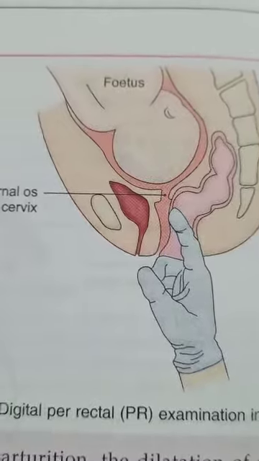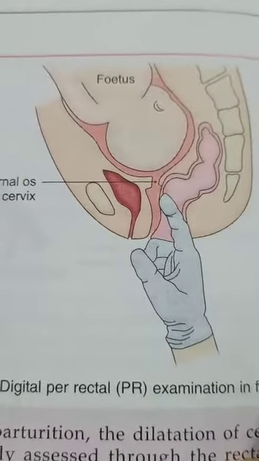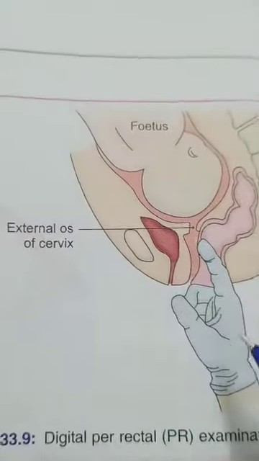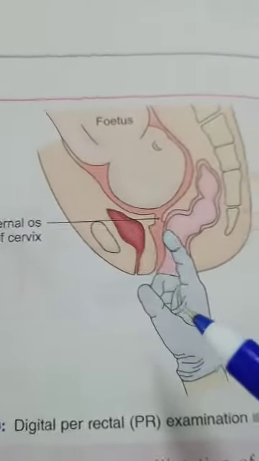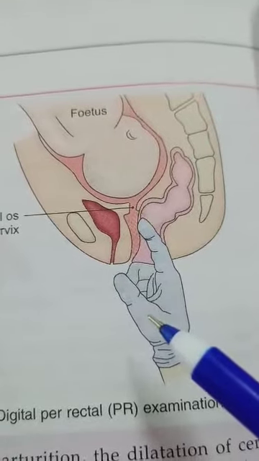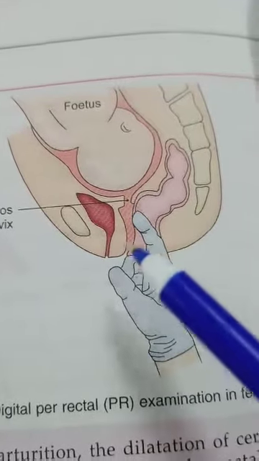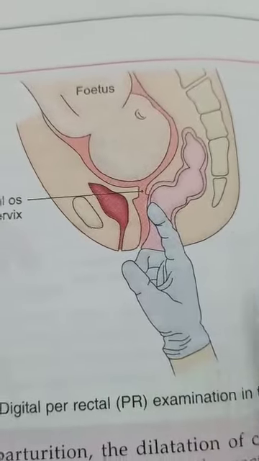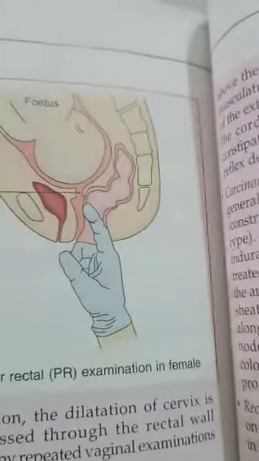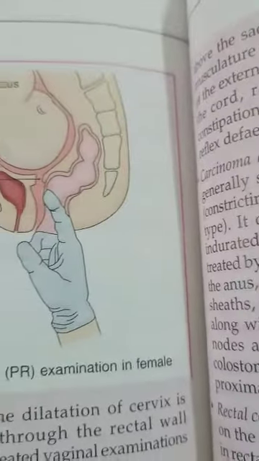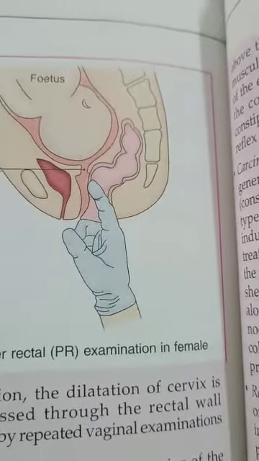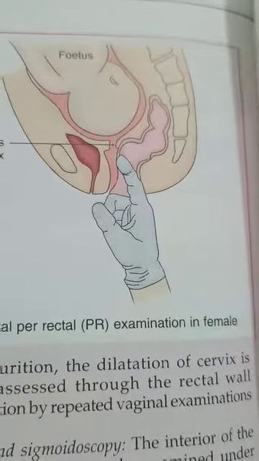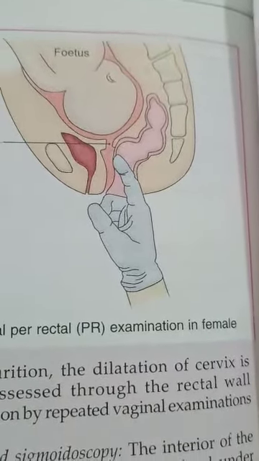In applied anatomy, one application for the rectum is digital per rectal examination, the PR examination. It is an examination of the rectum by inserting the finger through the anal canal into the rectum, so we can feel the structures in the anterior and posterior aspects of the rectum.